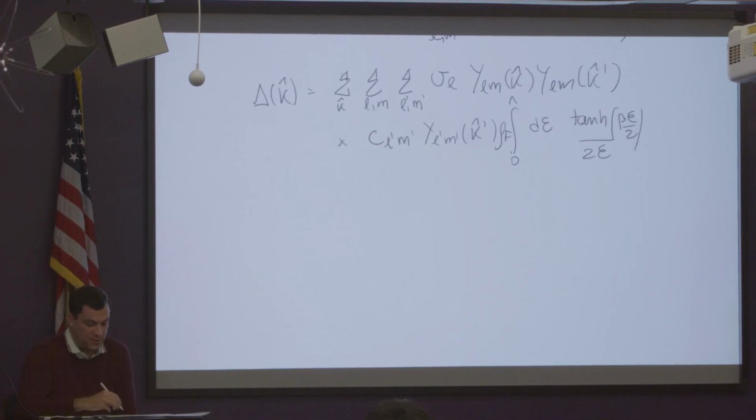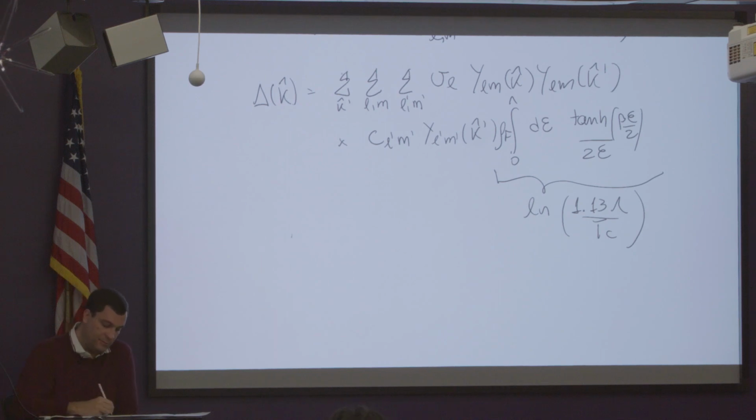Okay, good. So now, this integral here is something you learned before, and Andrey showed it is just the Cooper logarithm, so you get log of 1.13 lambda over T_C. Again, I'm linearizing the gap equation. And I can do the sum over k prime, which again is really an integral, but that's okay.